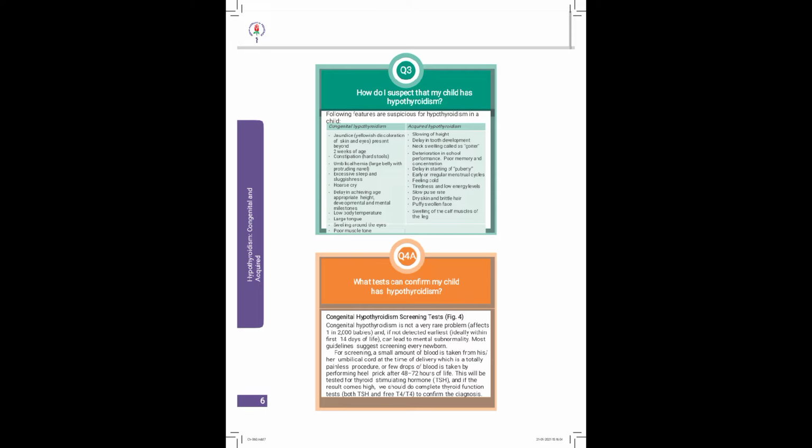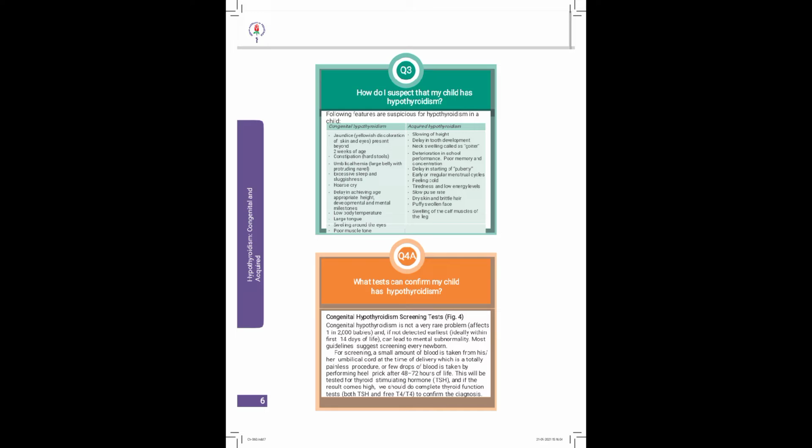Number 4 is excessive sleepiness or sluggishness. Number 5 is a hoarse cry. Number 6, delay in achieving age-appropriate developmental milestones. Number 7 is low body temperature or hypothermia. Number 8 is a large tongue. Number 9, swelling around the eyes. And number 10 is poor muscle tone.